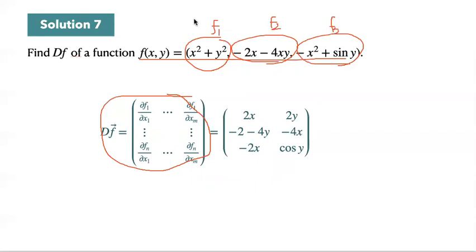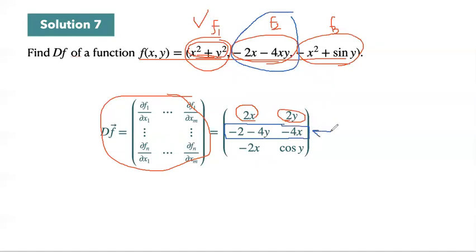So if we differentiate the first function with respect to x, we get 2x. And if we differentiate the first function with respect to y, we get 2y. Then let's think about the second function, the second row here. If we differentiate the second function with respect to x, we get minus 2 minus 4y, so it is this element.